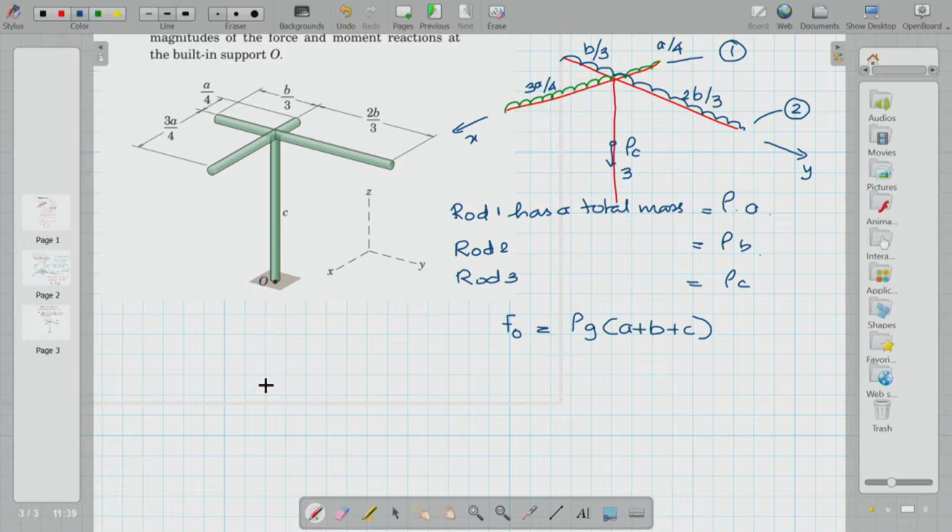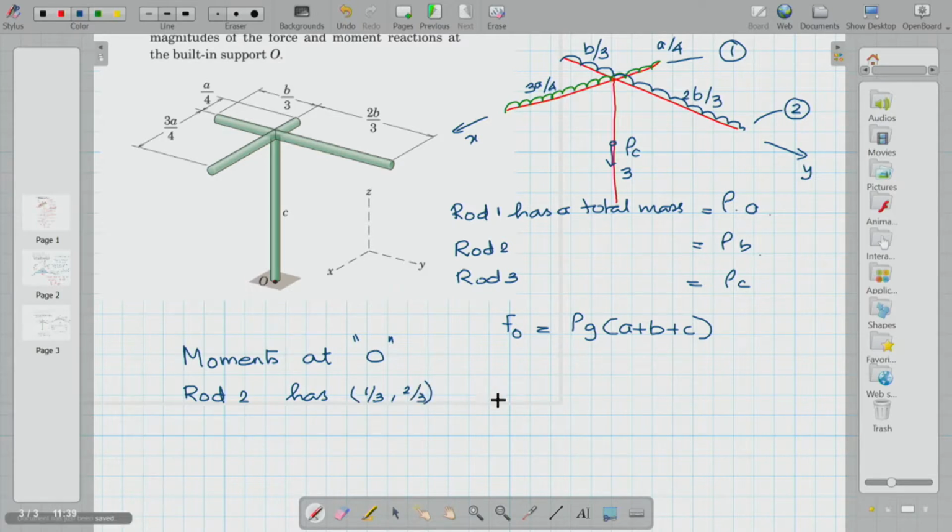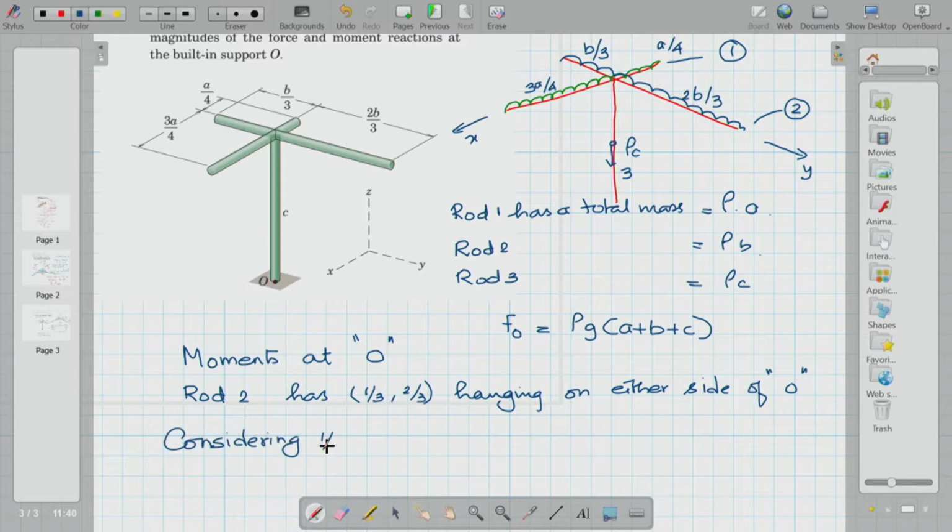Now to find the moments at O, rod 2 has 1/3 and 2/3 hanging on either side of O. So if I consider the 1/3 length's moment, it will be rho g, which is the total mass, into L by 3 into L by 3 into 1/2, which is going to be rho g by 2 into L squared by 3 squared.